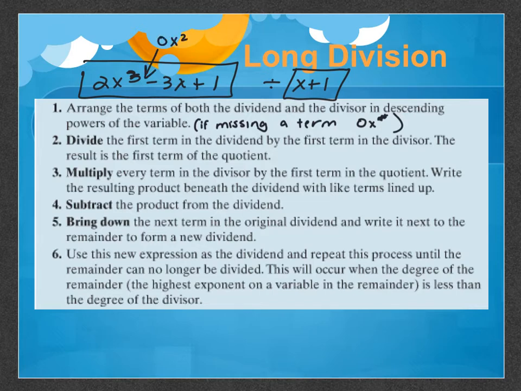You're going to do that for as many terms that are missing. So highest exponent down to none, adding in anything you're missing. Same goes for here. If this was x squared plus 1, then I would say x squared plus 0x plus 1. So for whatever terms are missing, you have to put in their placeholders, okay? Otherwise, you can't divide. It doesn't make sense.